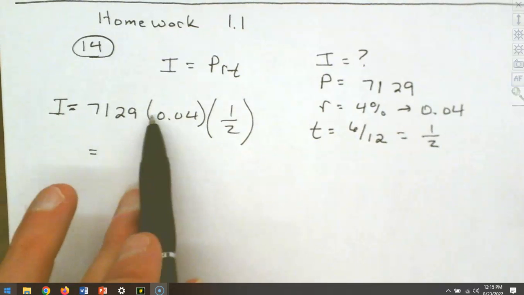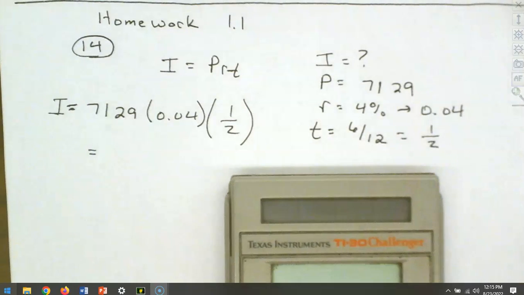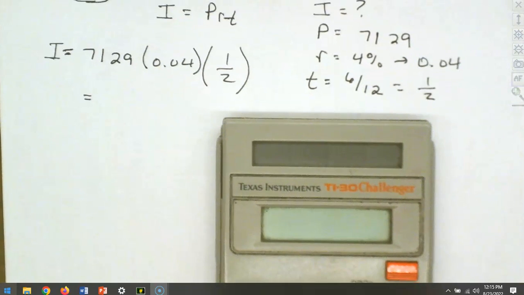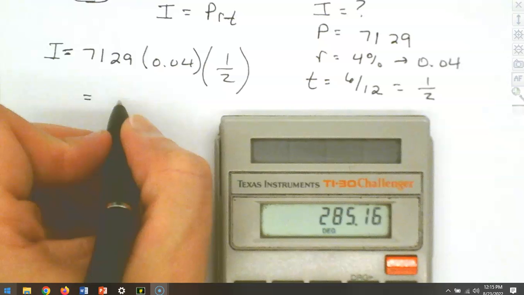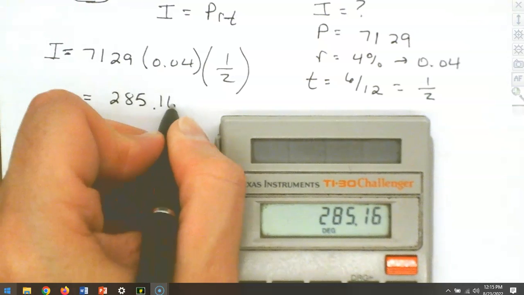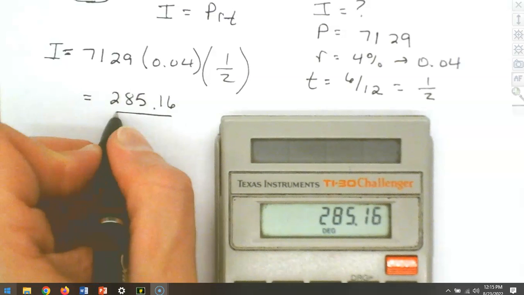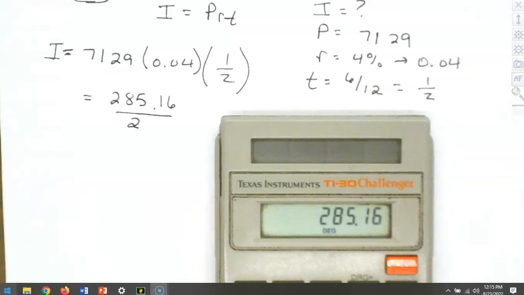So I'm going to multiply across the top. So let me get the calculator up here so you can kind of see what we're doing. So we're going to multiply across. So 7129, multiply by 0.04. That comes out to be 285.16, and we still got to divide that by 2. So I just multiplied them all, because 1 times that doesn't change it.